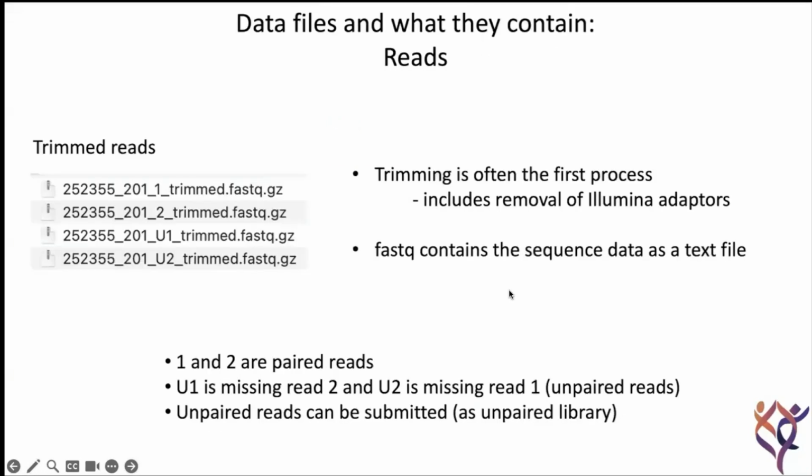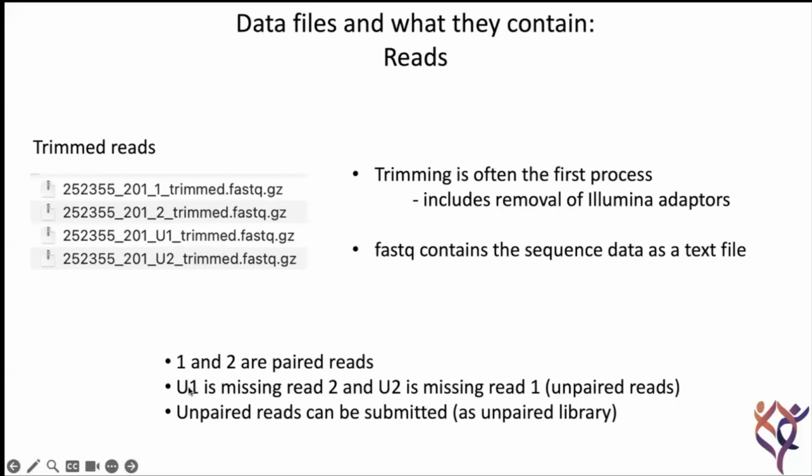The first step really in the process, once the reads have been generated, is that they are trimmed, which removes any adapters. For each sample, you will find 4 files, and they are numbered 1 and 2, which are the paired reads, and U1 and U2.